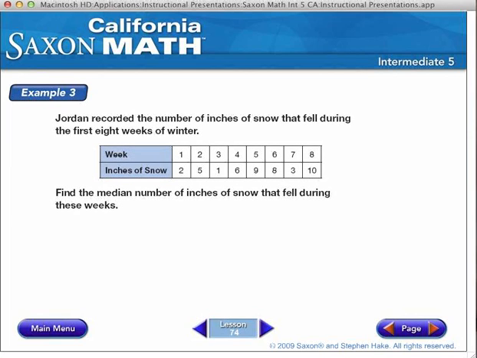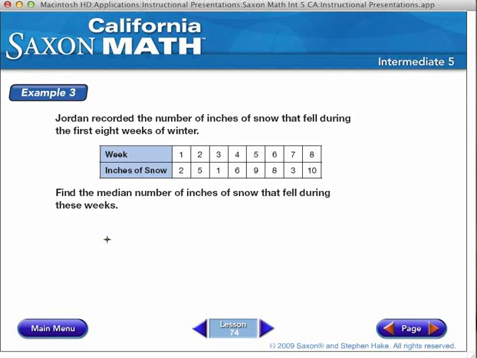Jordan recorded the number of inches of snow that fell during the first 8 weeks of winter. Find the median number of inches of snow that fell during these weeks. So here I have weeks 1, 2, 3, 4, 5, 6, 7, 8 and my inches. So again, I'm finding the median or the middle.